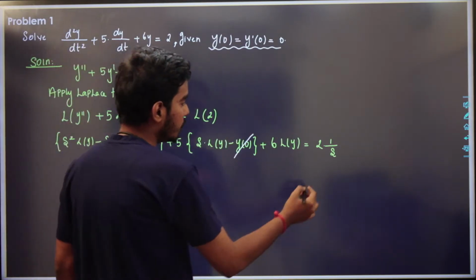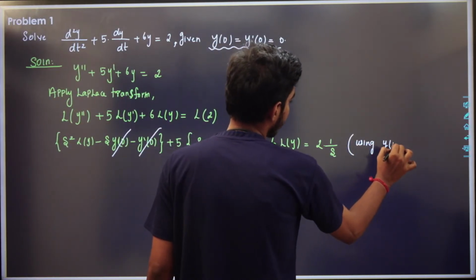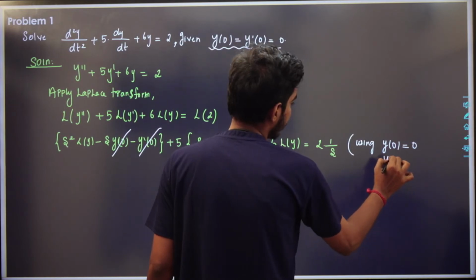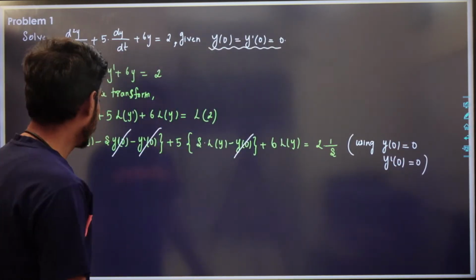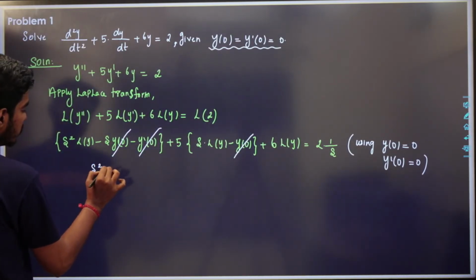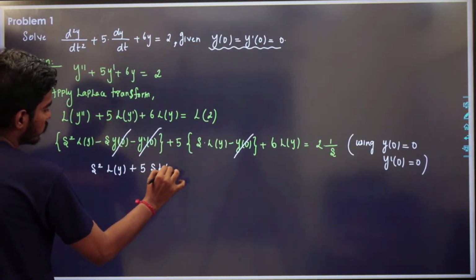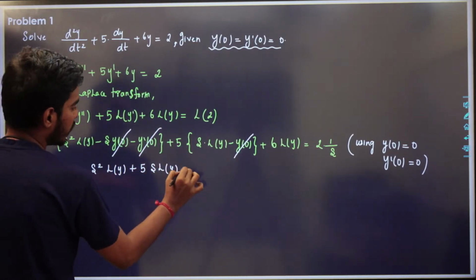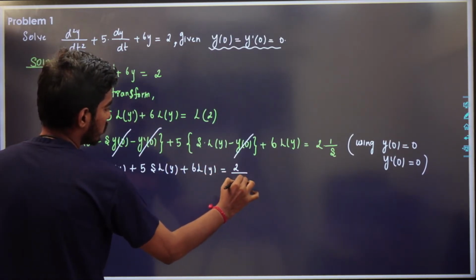So I'm using these two conditions, y of 0 is 0 and y dash of 0 is 0. That means we will be left with s square L of y plus 5s into L of y plus 6 into L of y is equal to 2 by s.